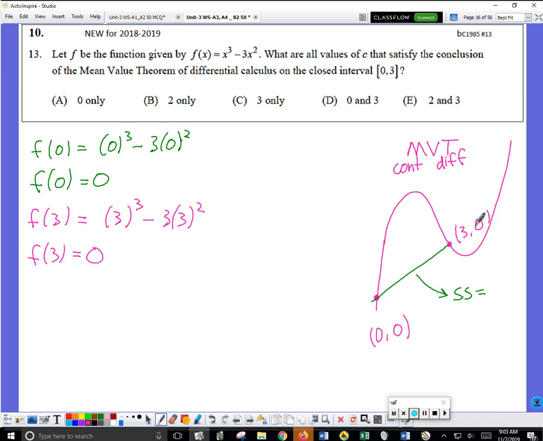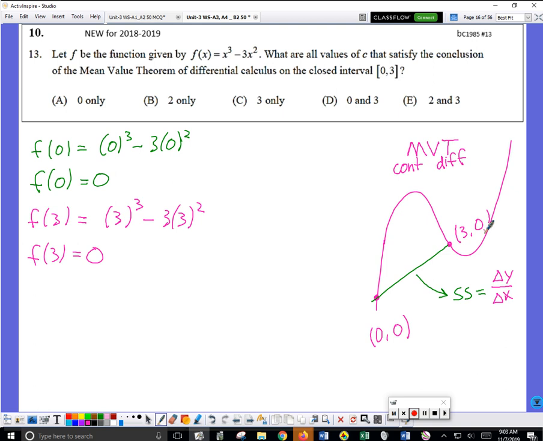So the mean value theorem is telling me that for this function, between these 2 points, whatever the slope happens to be, one of these tangent slopes needs to be the same. To find the slope, I have to take the change in the y-coordinate divided by the change in the x-coordinate. The change in y is 0.